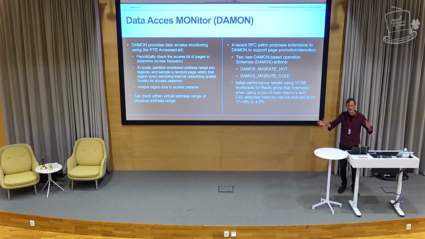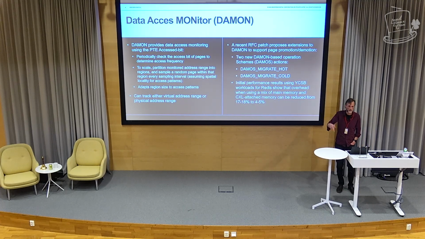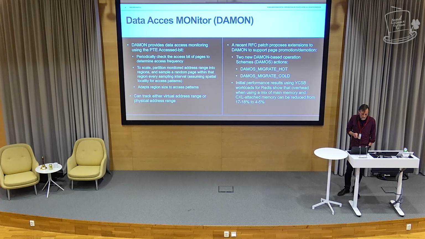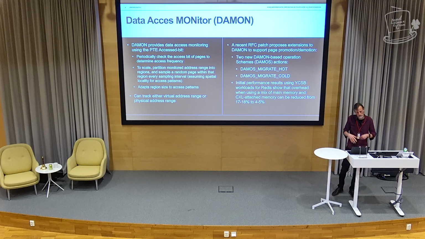It partitions the data into regions, and these regions it can try to adjust maybe automatically, but within a given region, just to be able to scale, it only selects one page randomly within each measuring interval, and then sees how many hits does a given page get. So this is not particularly for a tiered memory, but just a data monitoring tool in general. So it can track either virtual or physical addresses.